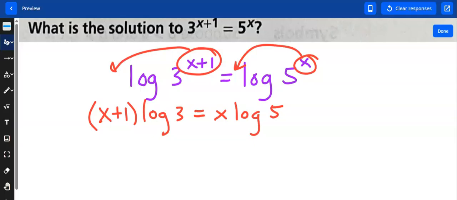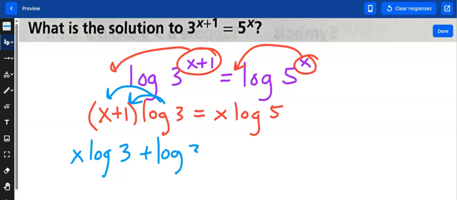Now what? Now, believe it or not, I'm going to distribute log 3. I know, that's kind of ugly looking, right? x log 3 plus log 3 equals x log 5.